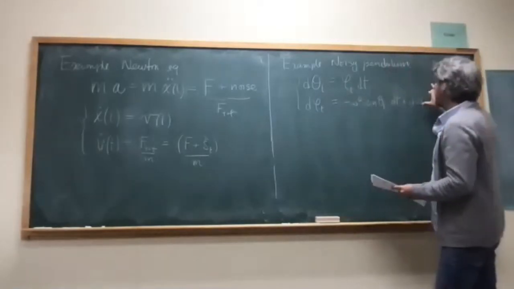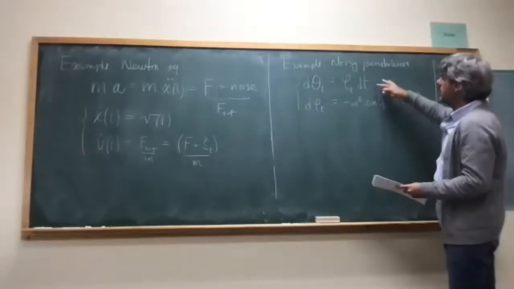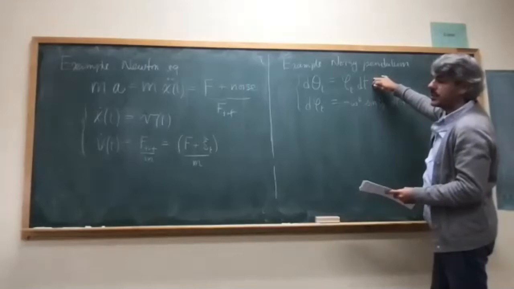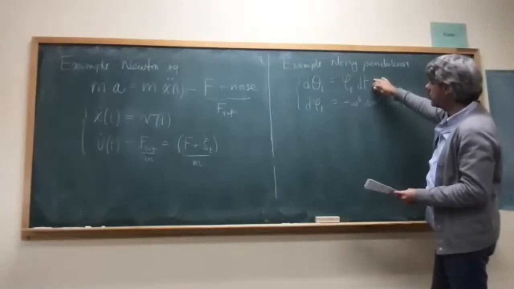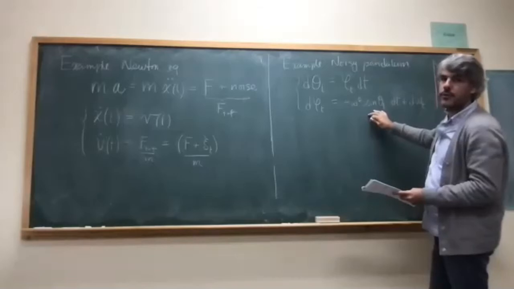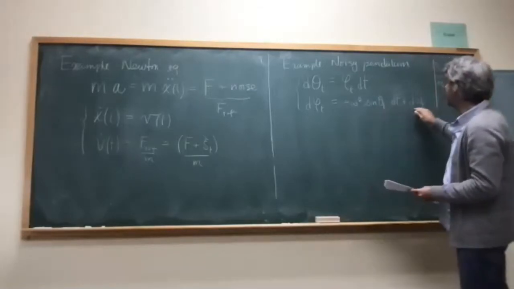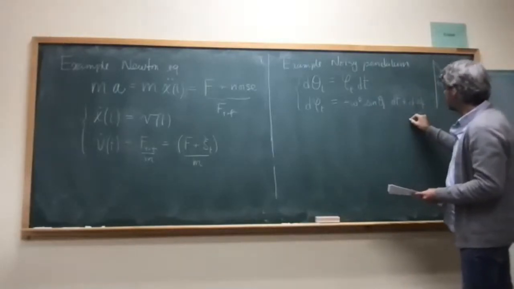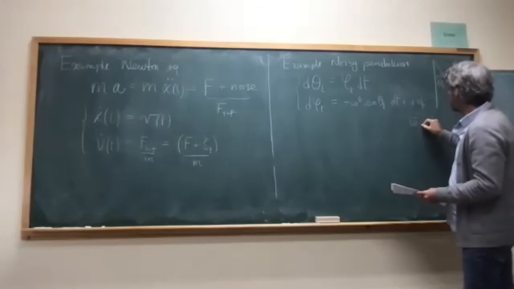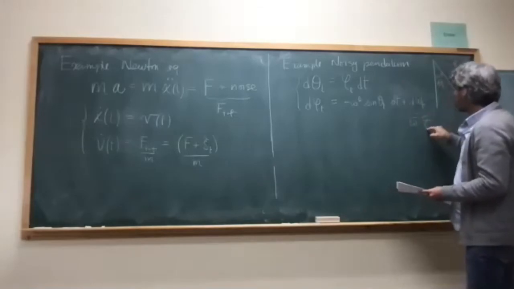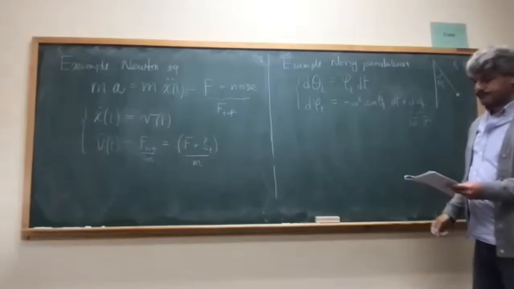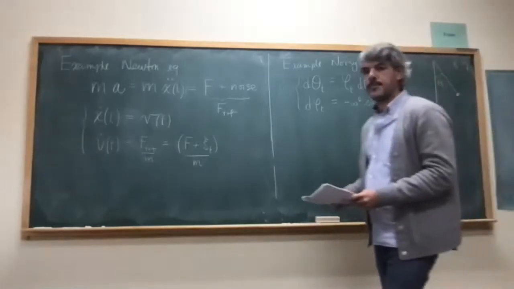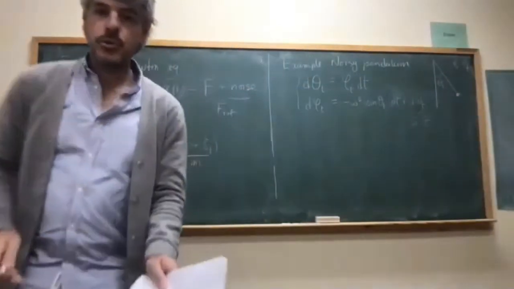You have a time stepping for the angular variable, which is just deterministic, has no noise, and the time stepping for the angular velocity has that noise, which will be square root dt times a Gaussian normal random variable with zero mean and variance 1. So this is an interesting example to simulate.